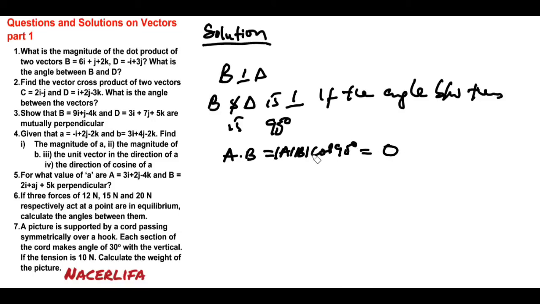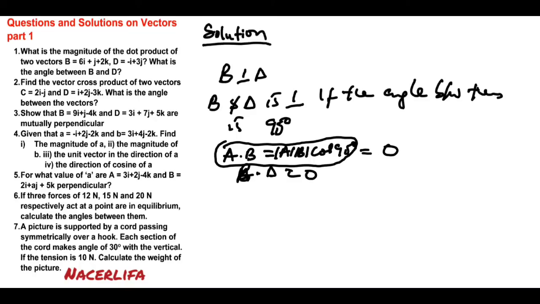So actually, to prove this, we take the dot product of the two vectors, in this case B and D, because that's what we are talking about. So we say B dot D equals 0. This is a relation that holds for vectors that are perpendicular.